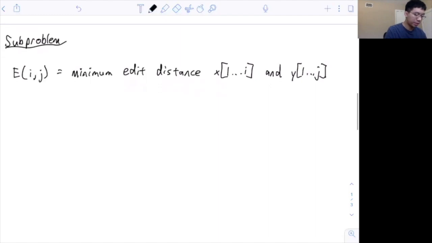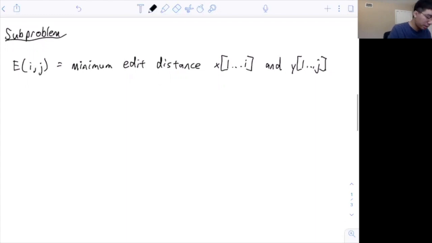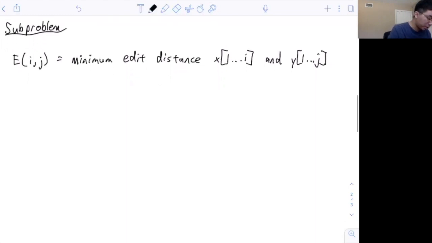So this is the first i characters of x and the first j characters of y. Okay, so we have this subproblem.